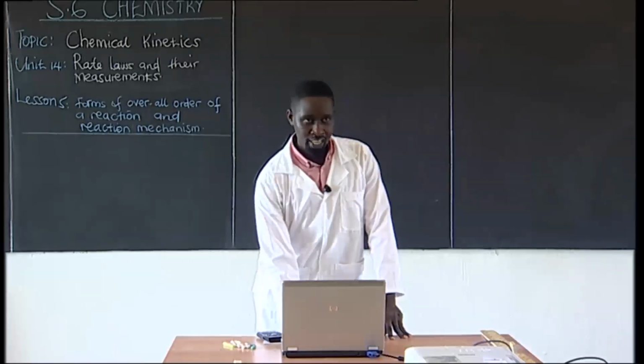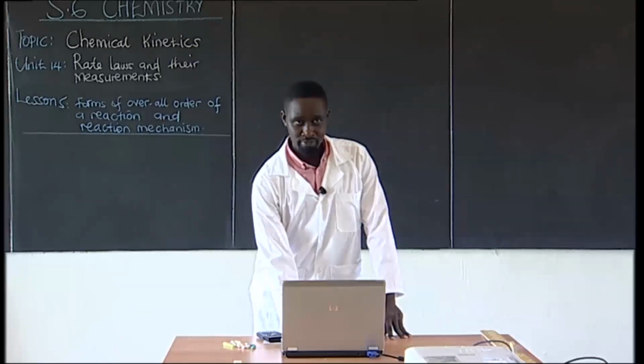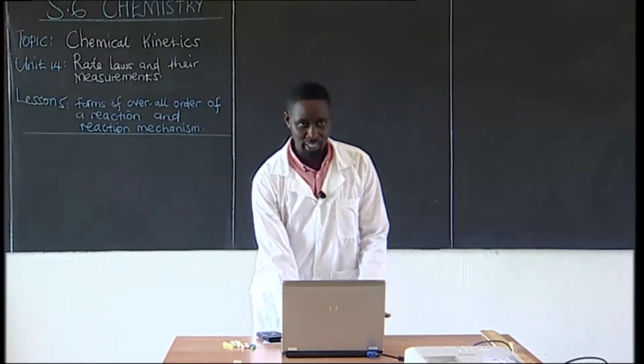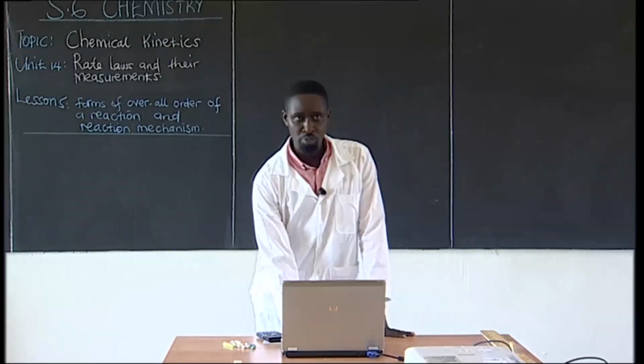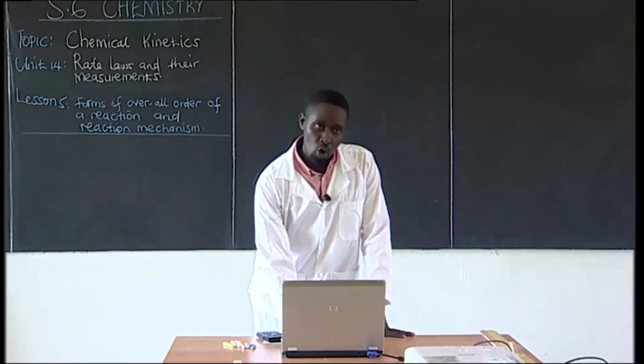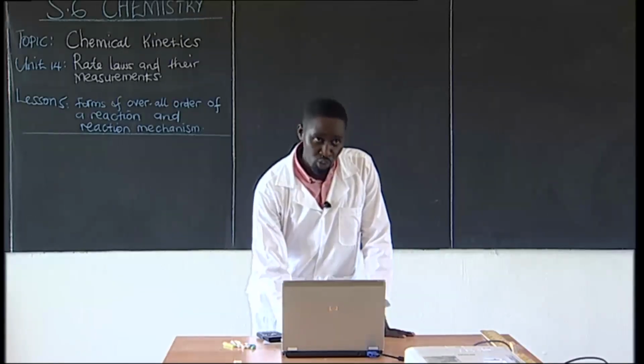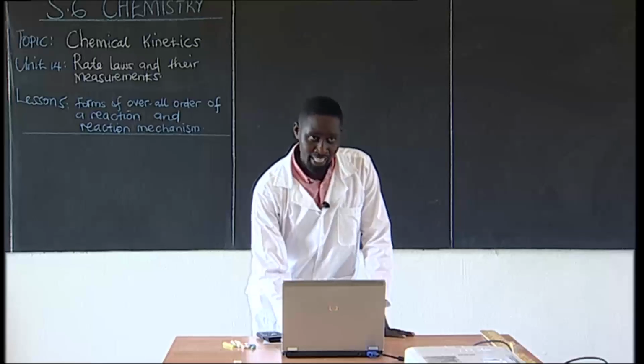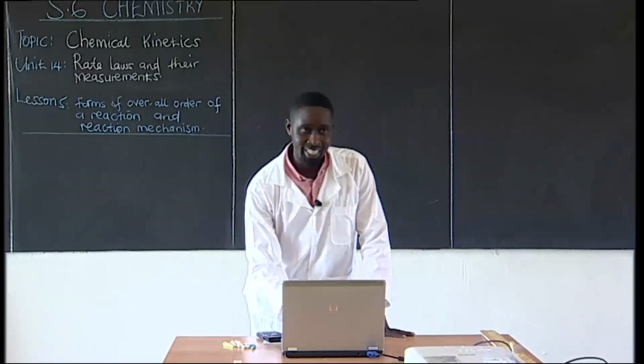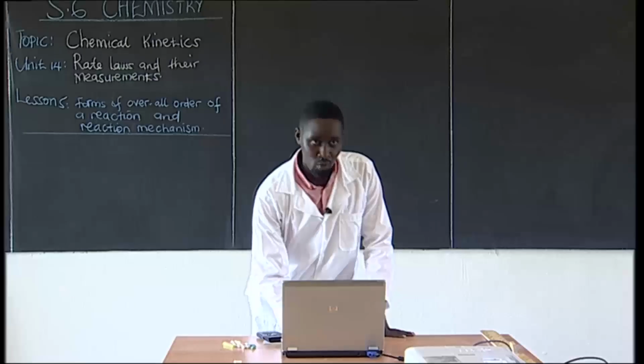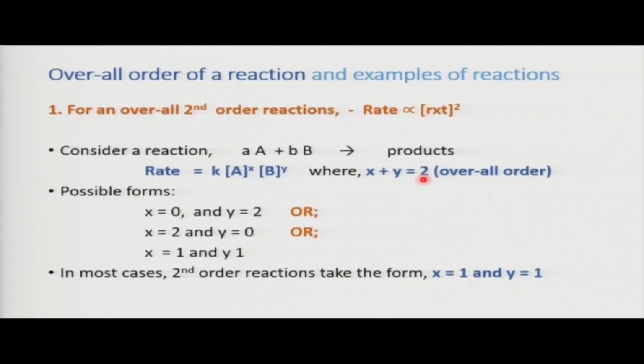If you look at this reaction, A and B as our reactants, for instance, the overall should be a 2, indicating the order with respect to reactant A plus the order with respect to reactant B, X and Y, should be a 2. That is overall. Is that point taken? When we talk of overall, get the order of one reactant, add it to the order of another, then get the value as 2.